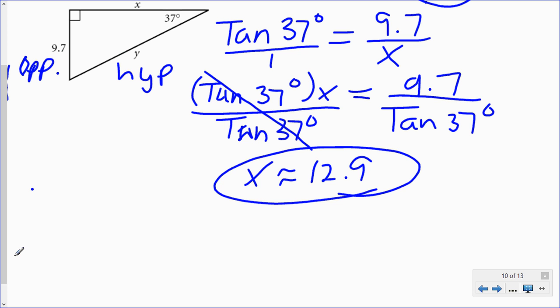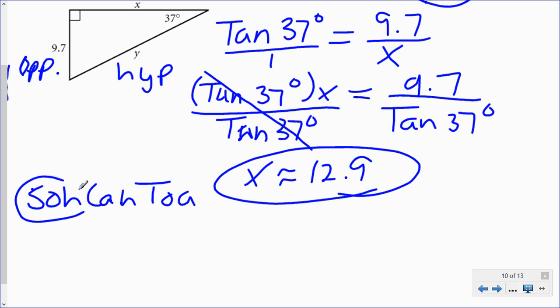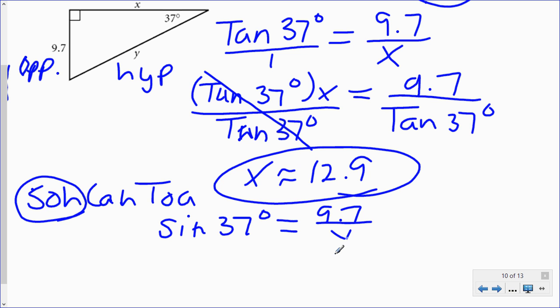So again, if you think back to your SOHCAHTOA, opposite and hypotenuse is represented by sine. So we could set this up as sine of 37 degrees equals opposite, which is 9.7, over hypotenuse.